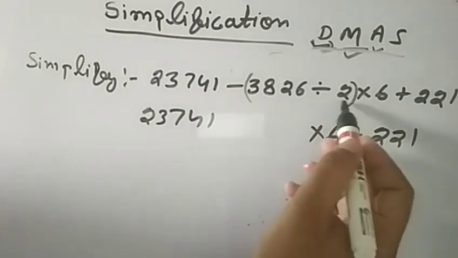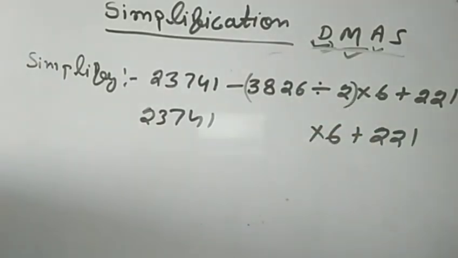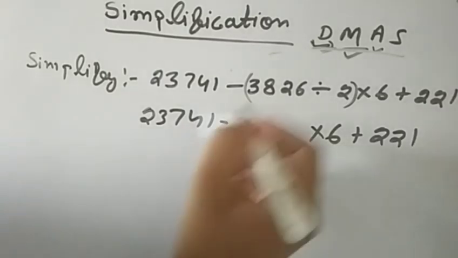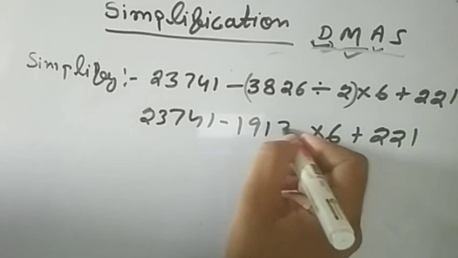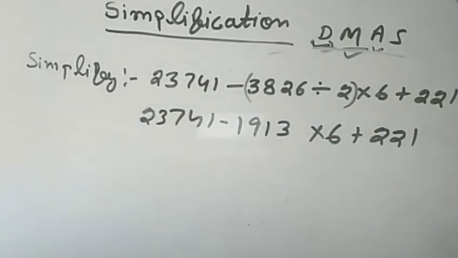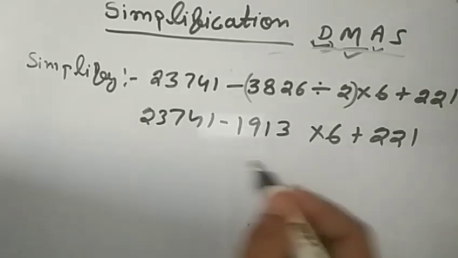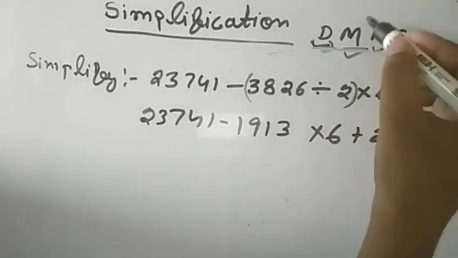When we divide any number by 2, it means we have to take half of that number. So half of this number is 1913. Now division is done. Go to multiplication.